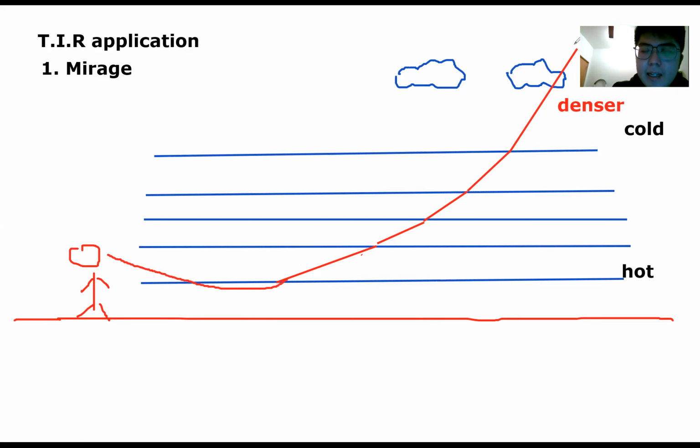So the light comes from the sun, 它会很像 turn in a U shape and reaches your eye.